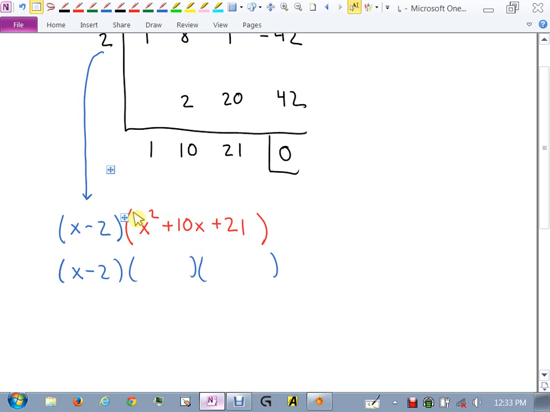Like, 1 times 21 is 21. And then the number in the middle is 10. They try and come up with 2 numbers that multiply to be 21 and add up to be 10. 7 and 3. So 7 and 3, and it turns out that the 7 and 3 are the ones that'll work. But it's a little more complicated than that. But that's the method, it's AC method.